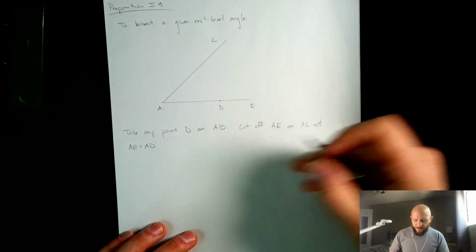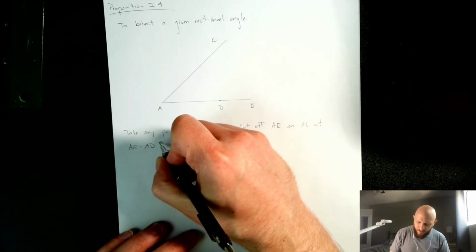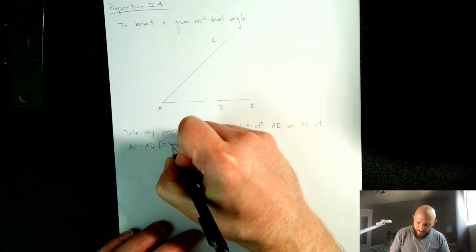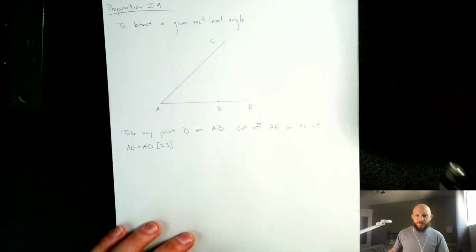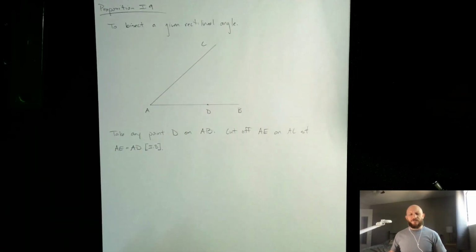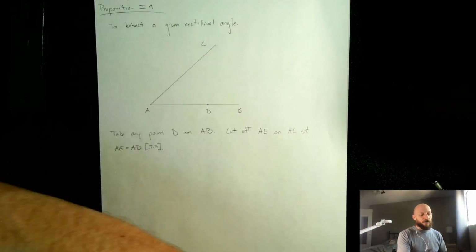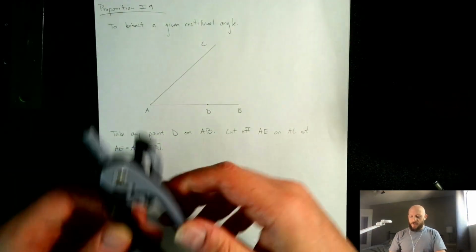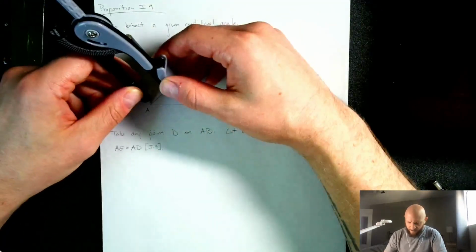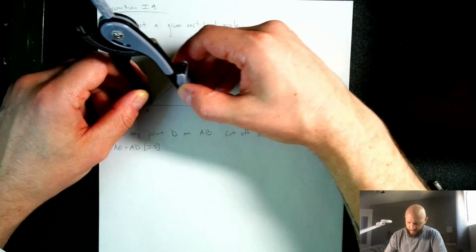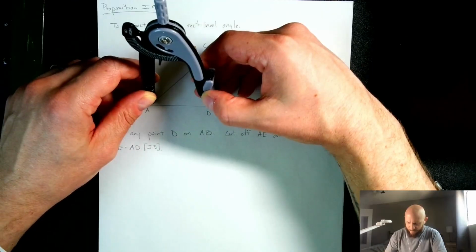And again, we saw this previously where this was justified. This step was justified using Proposition 3, which was the one saying that if you have two unequal straight lines, you can cut off from the greater line segment a piece equal to the lesser. And that's what justifies us to do this.